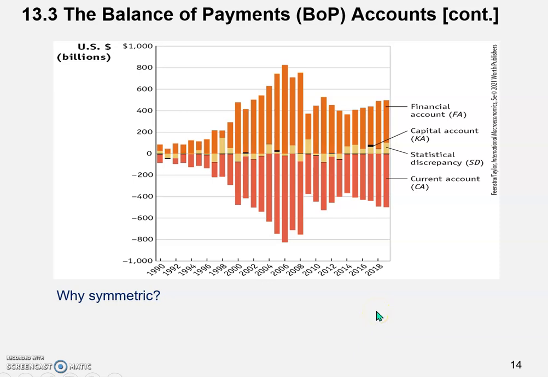Now, I would strongly encourage you to pause the video at this moment and think about this: why is it symmetric? Is this just a coincidence? Or might there be some theoretical reason behind this symmetry? We're going to talk about that on the next slide.